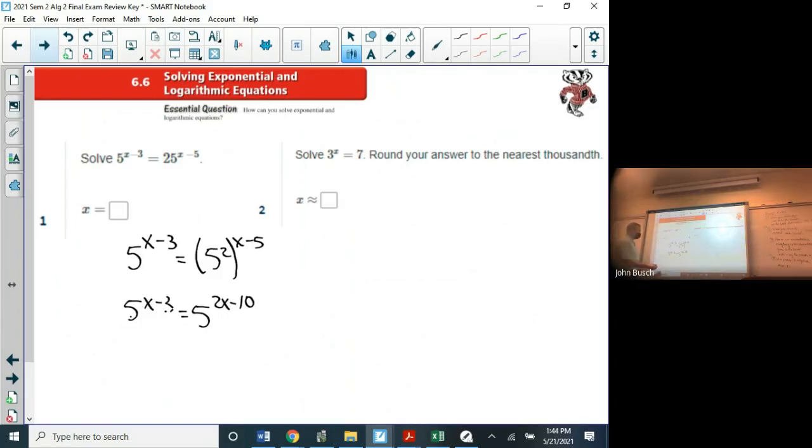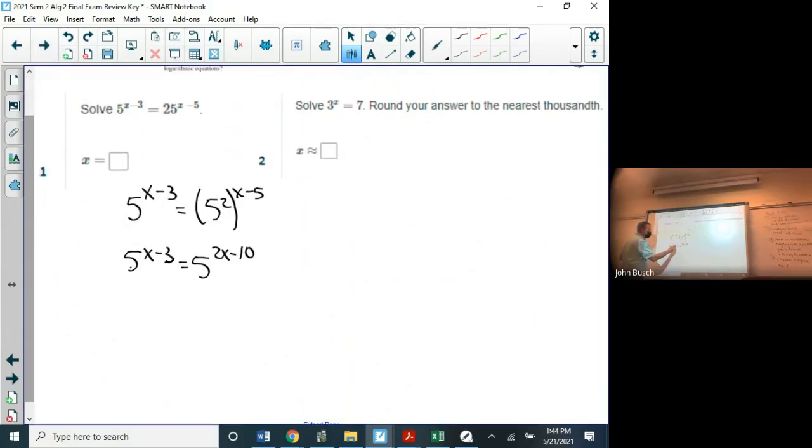And now that the bases are the same, we can just set up the equation x minus 3 equals 2x minus 10 and solve that equation. So you subtract x from both sides to get x on the right and add 10 to both sides to get 7 on the left, and it looks like x is 7.